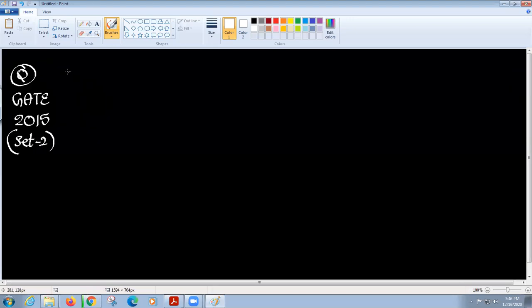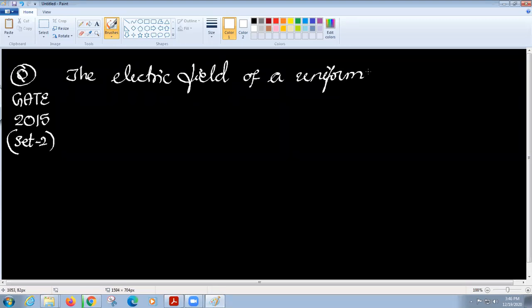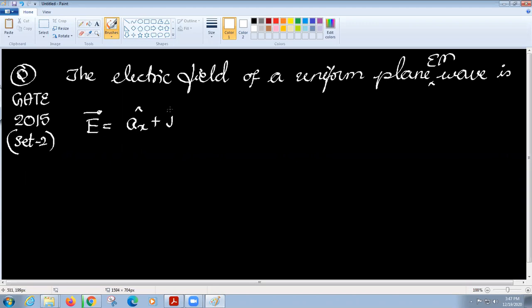Okay, so it's given like this: the electric field of a uniform plane EM wave is given like this: E is equal to AX roof plus J4 AY.